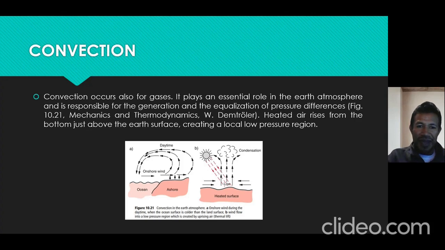So the wind transports not only mass but also heat. This mass and heat transport depends on the wind velocity and the temperature difference between high and low pressure regions. The wind flow can be either laminar or turbulent, depending on the boundary conditions.